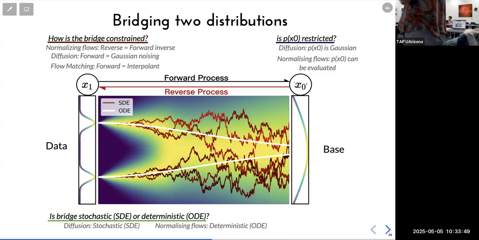Well, I'm thinking more of, let's say, in cosmology, if I have a large scale structure of the universe, I can use linear theory to get something that looks very close, but very smoothed out. I'm losing all the high frequency details. So I could take my linear theory as my x naught, because I can sample from it very easily, and x1 would be my high resolution simulation.